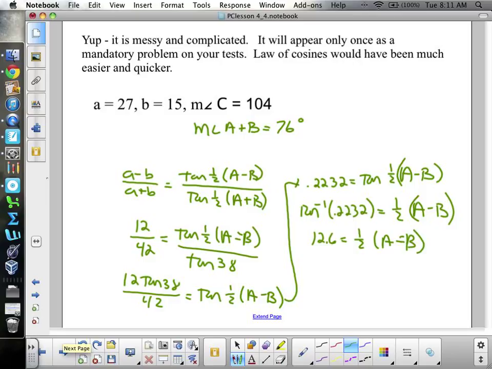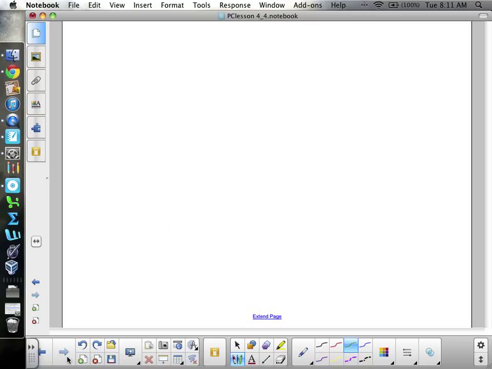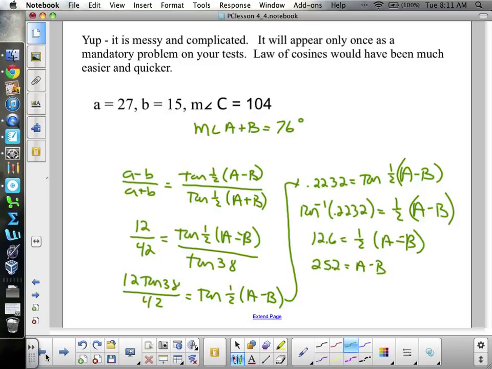So multiplying both sides by 2, that's 25.2 equals A minus B. Now that we've got that, we bring down our fact that A plus B is 76.